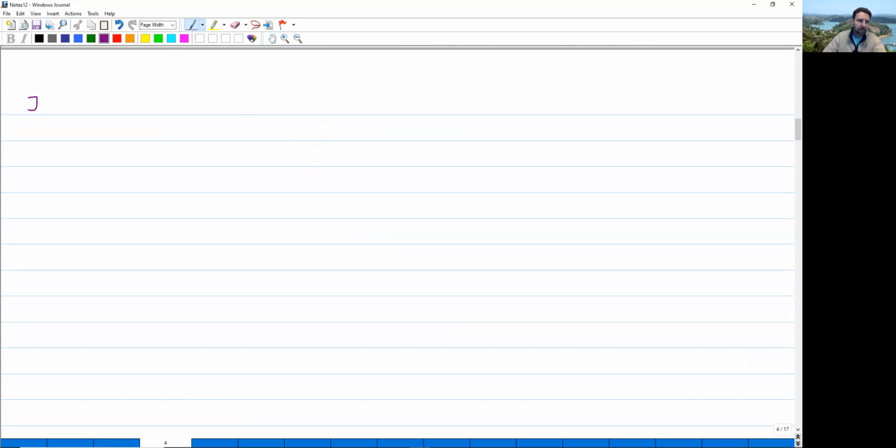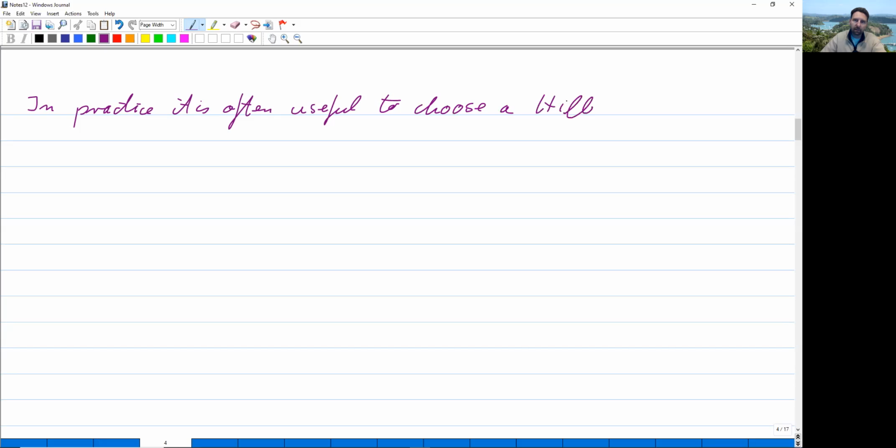So in practice, it is often useful to choose a Hilbert basis of eigenvectors of some observable, one or several simultaneously.